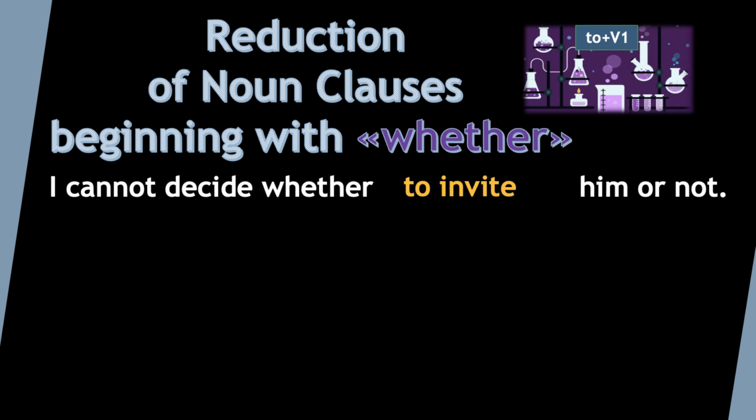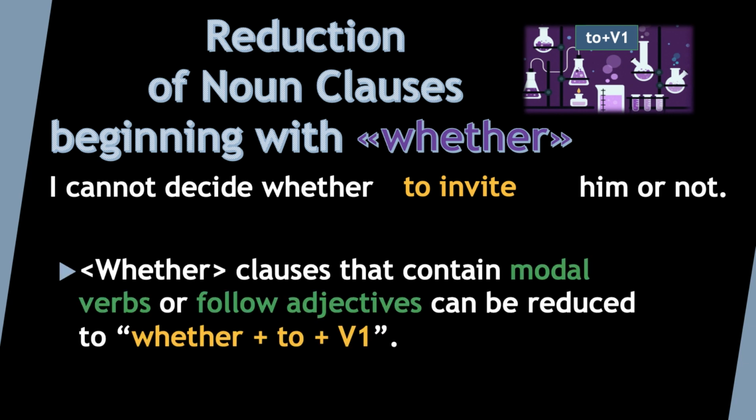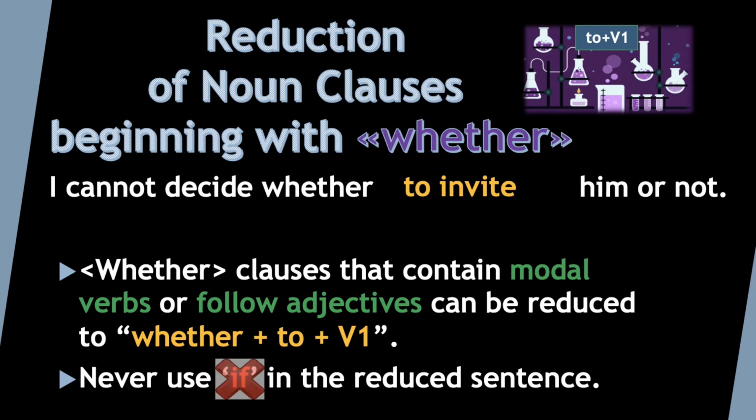Let's see the rule here. Whether clauses that contain modal verbs or follow adjectives can be reduced to whether plus to plus verb 1. Again, here we keep whether. And one more note for you here. Never use if in the reduced sentence, okay? We never use if in reduction.